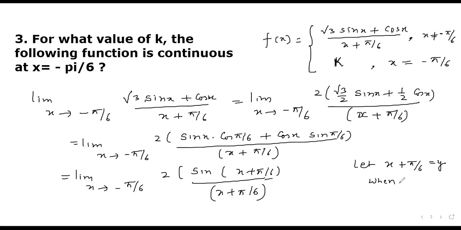When x tends to minus pi by 6, y tends to 0. So this will become limit y tends to 0 of twice sine y divided by y. So this will give 1. So the answer will be, hence the value of k is 2.